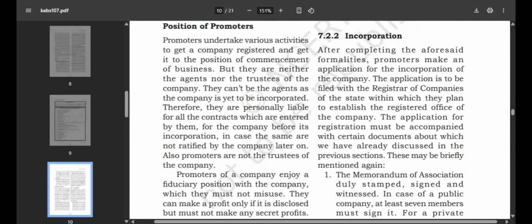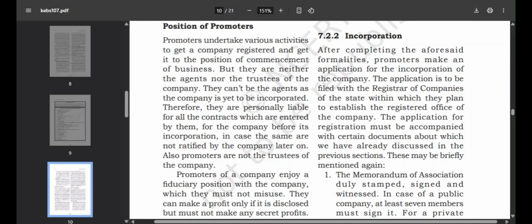So incorporation basically means, after completing all the aforesaid formalities, promoters make an application for incorporation of company.